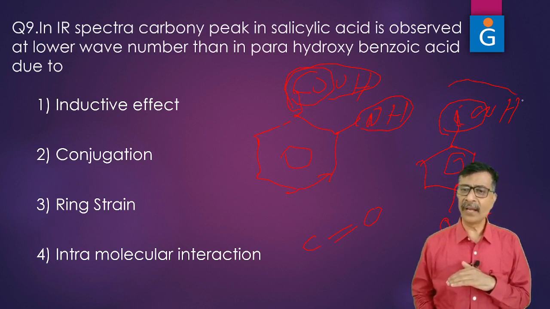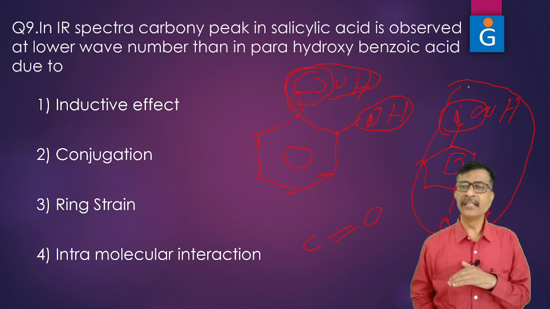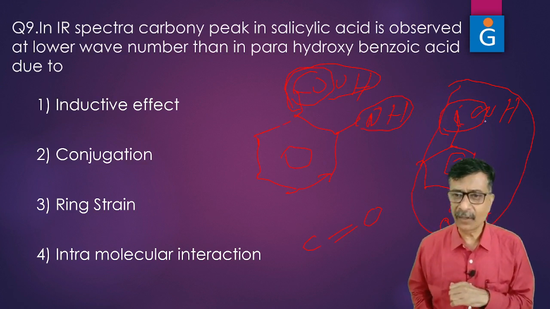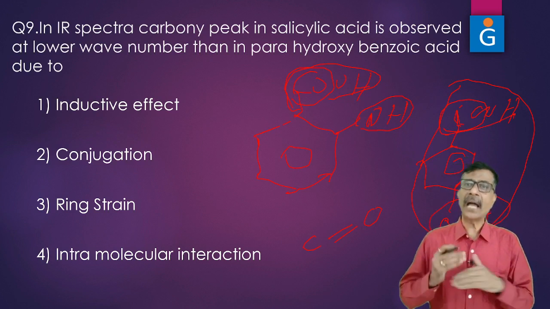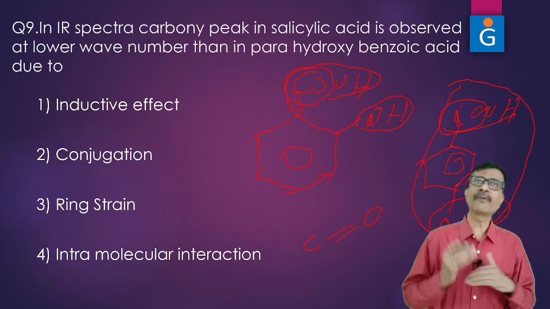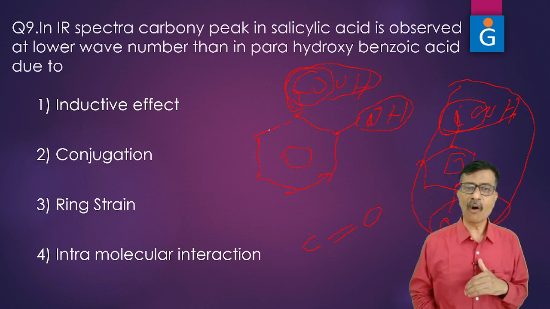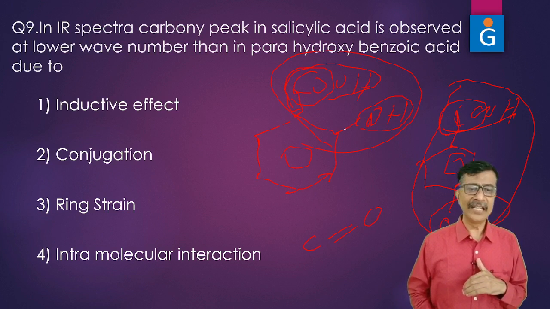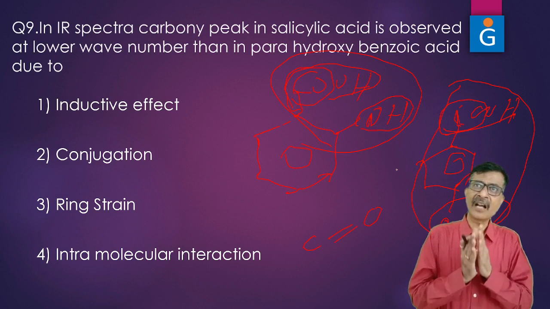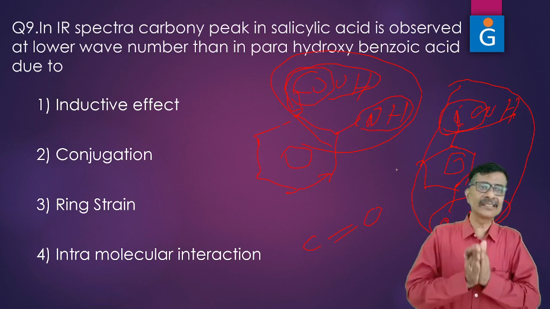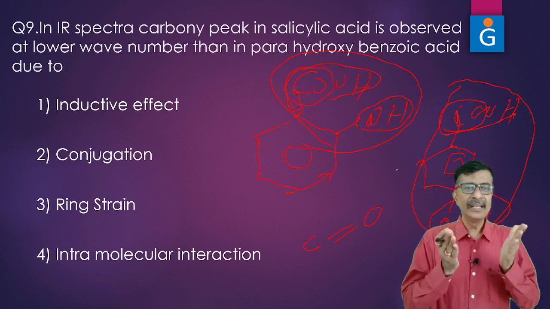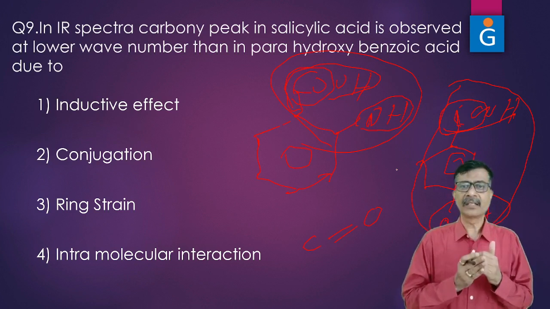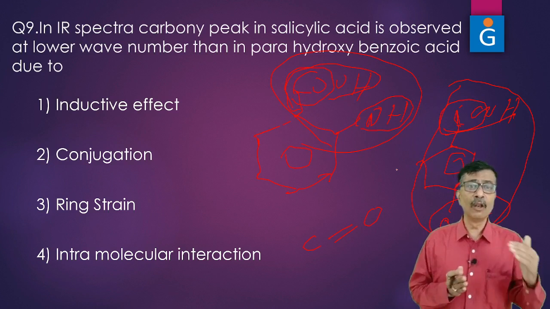Intramolecular hydrogen bonding is not possible in this para-hydroxybenzoic acid because COOH and OH, they are para to each other. They are away from each other. But here both are ortho to each other. So intramolecular interaction is possible. That intramolecular interaction alters the bond order of this carbonyl group. So the carbonyl peak will be observed at lower wave number.